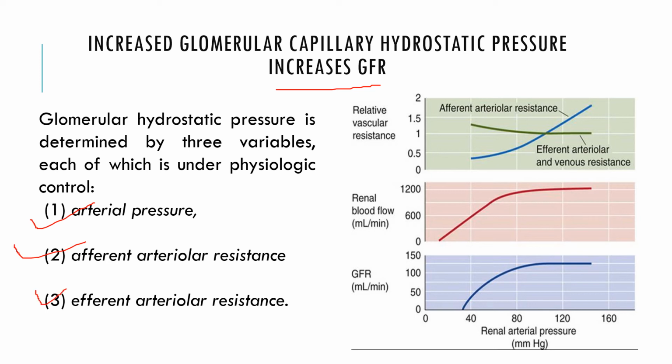If we look into the relationship of the renal arterial pressure with the GFR and also with the renal blood flow, we can see that within a normal physiological range of blood pressure, that is from 90 to 120 millimeters of mercury of perfusion pressure, the change of blood pressure is not going to affect the GFR and the renal blood flow.